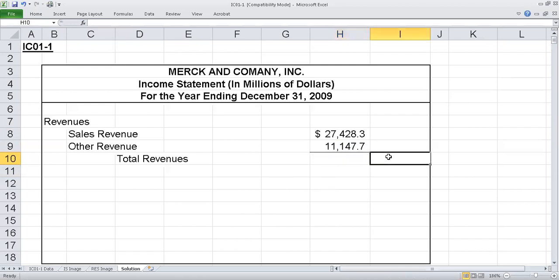We're going to extend that subtotal over into the rightmost of the two columns. So 38,576.0 are the total revenues for Merck in 2009.